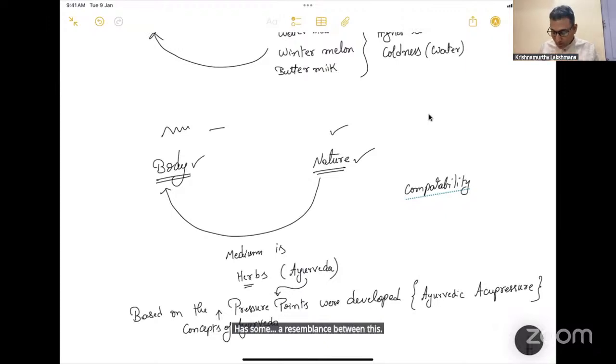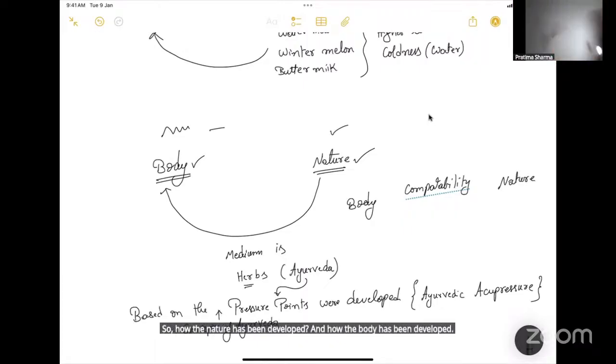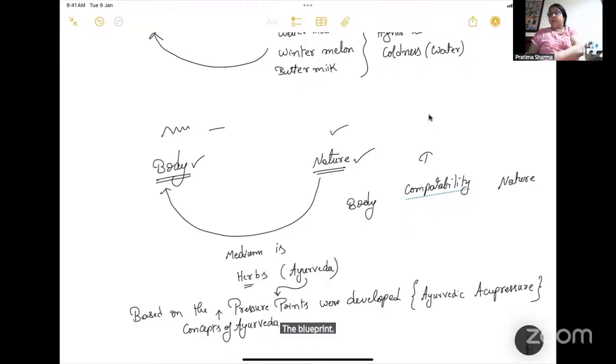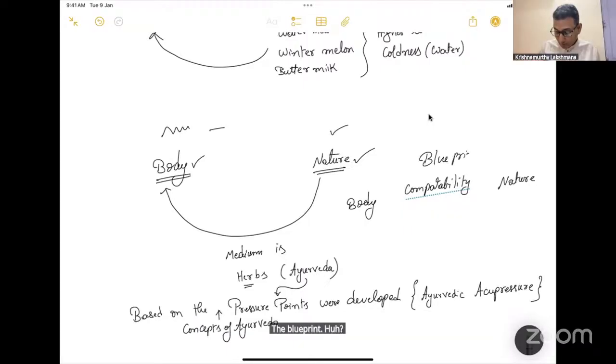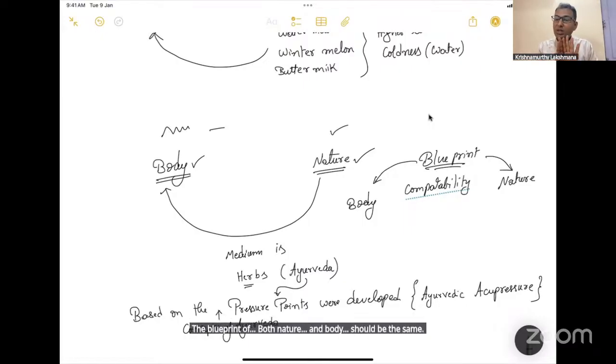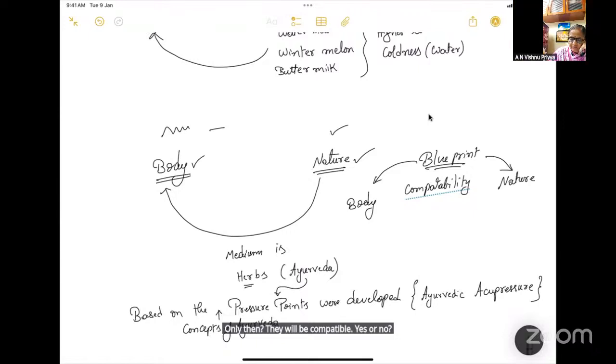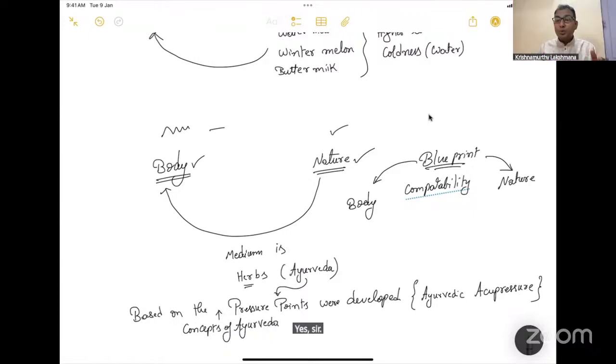How nature has been developed and how the body has been developed, the blueprint of both nature and body should be the same. Only then will they be compatible. Yes or no? So the blueprint is the same for nature and the body.